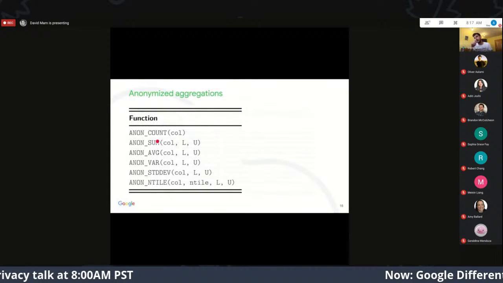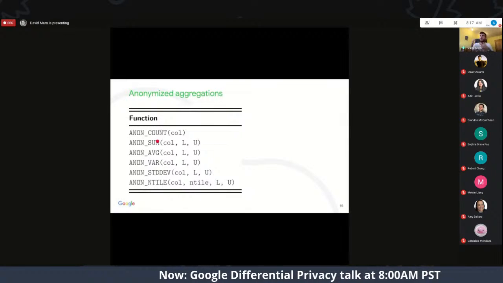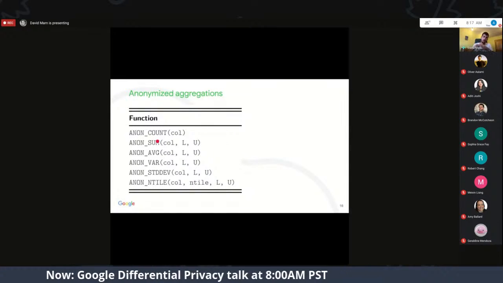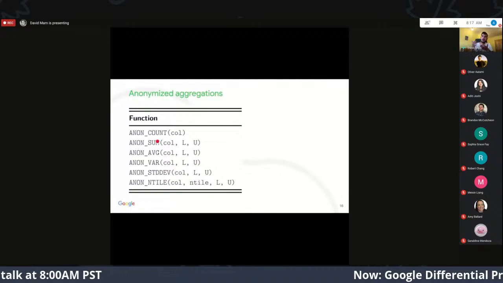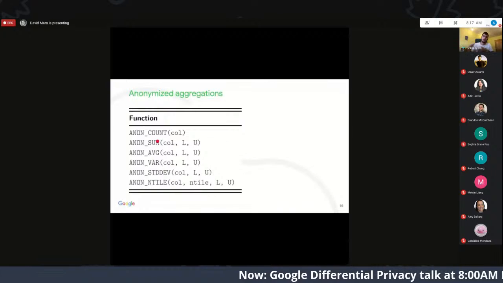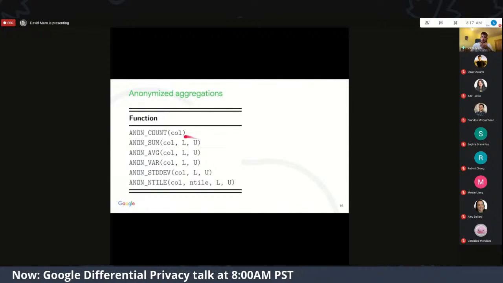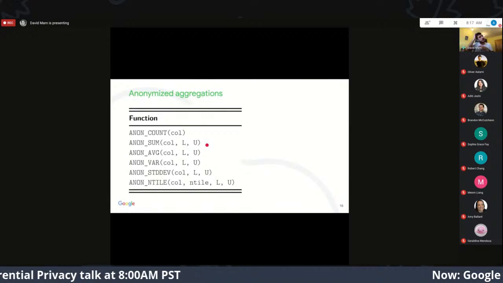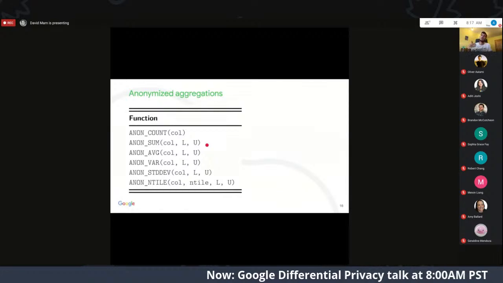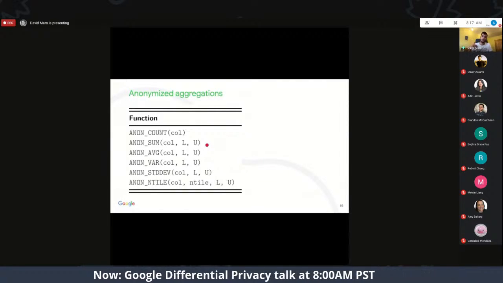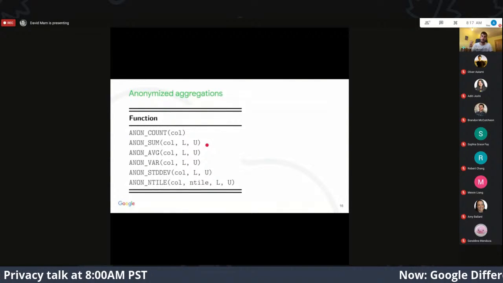So in this paper, we have also talked about simple ways of replacing known aggregation functions in SQL with their anonymized counterparts. So instead of count, you now have an anonymized count, and so on. And sometimes we even add new parameters like L and U, and these refer to lower and upper bounds that you accept, which means that if you have an individual that contributes more, then we will cap those contributions in order to protect their privacy.